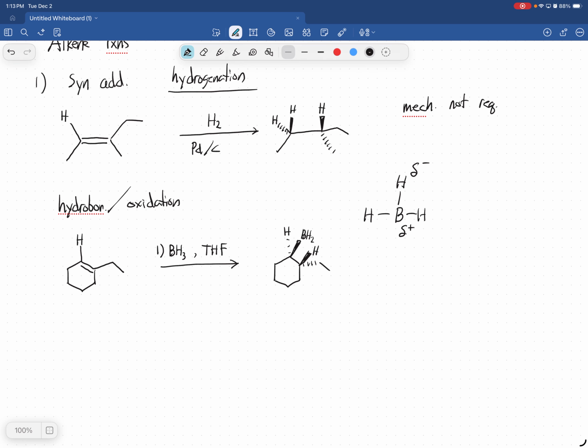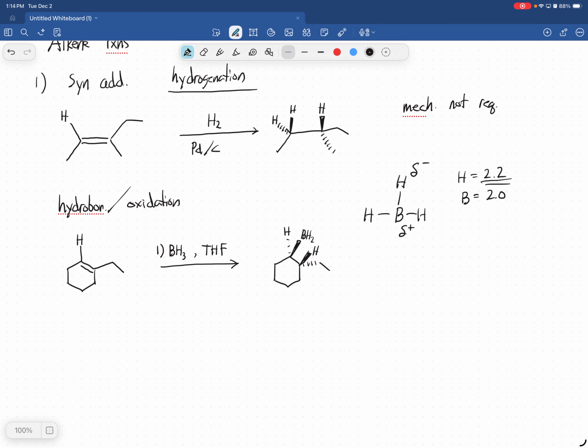All right, so hydrogen here, 2.1. The boron is about 2.0. Oh, sorry, not 2.1. My bad. 2.2. All right, so slightly higher there. All right. So that's syn addition at the same side of the alkene.